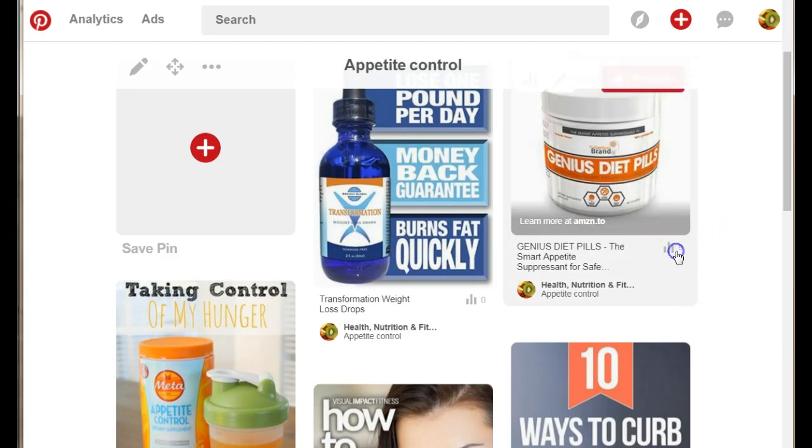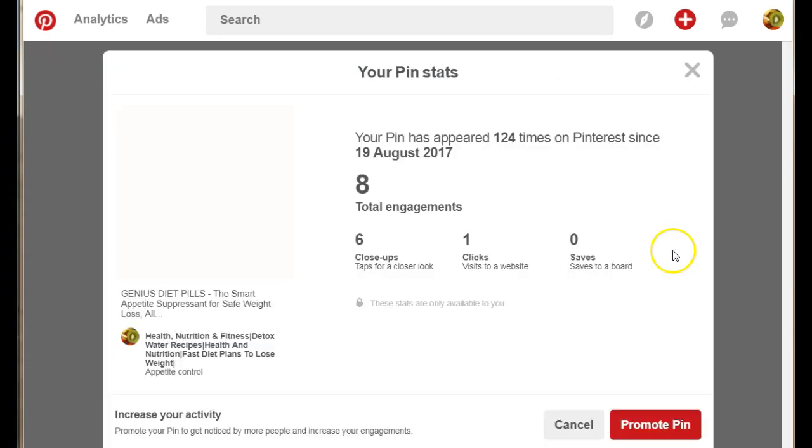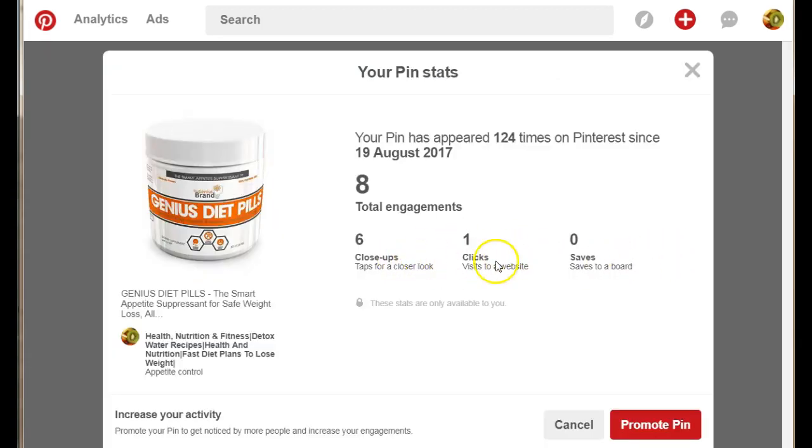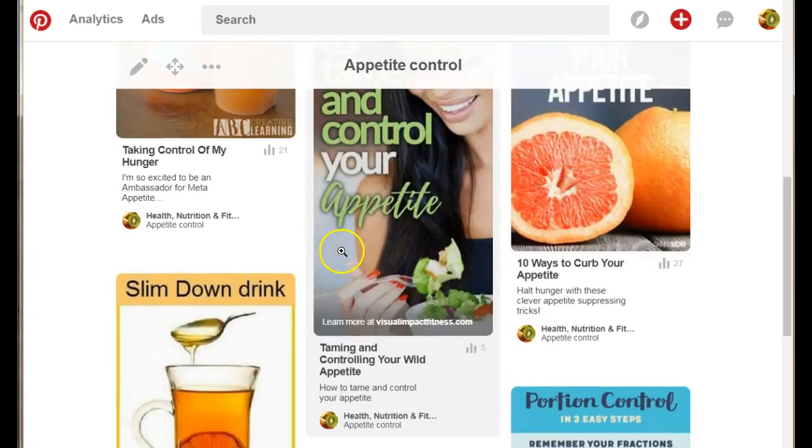It's actually doing well. If you click on that little icon down there, it's going to show you, okay, I had 1 click and 2 close-up looks and 1 click back to the Amazon website and 0 saves.